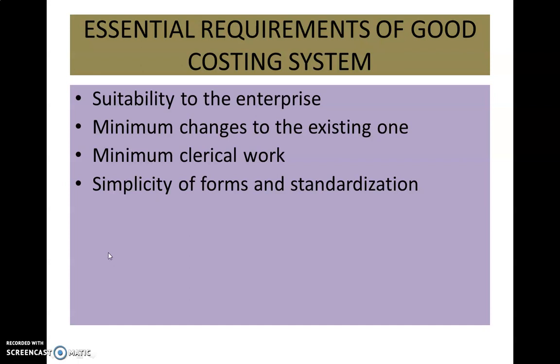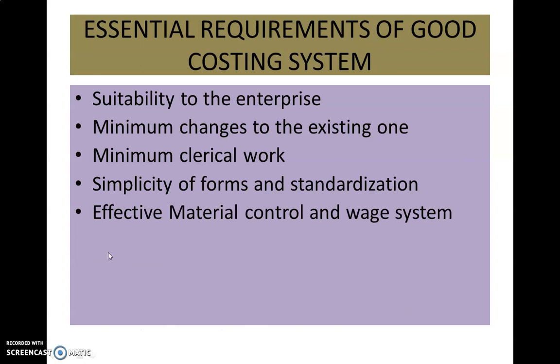Likewise, many forms we should maintain. So the forms used as part of the costing system should be minimum in number and should be standardized. We should follow the standard format and it should be simple to operate by the personnel so that required information can be obtained in time.